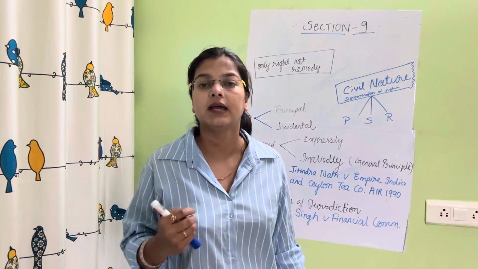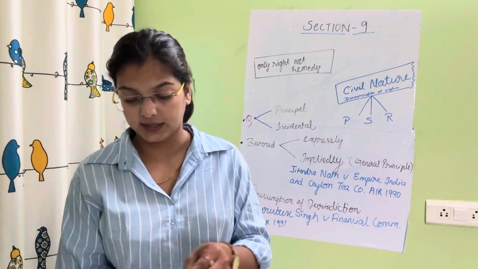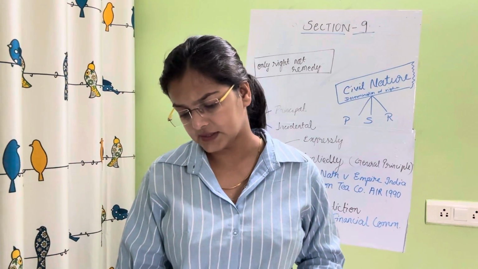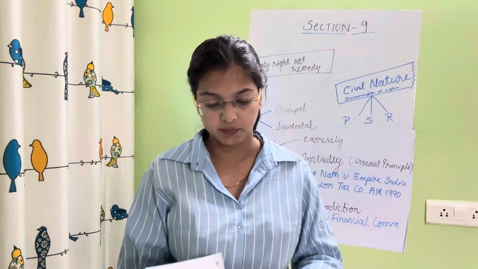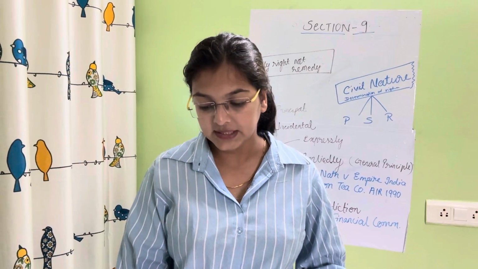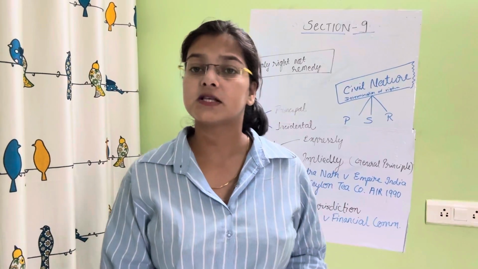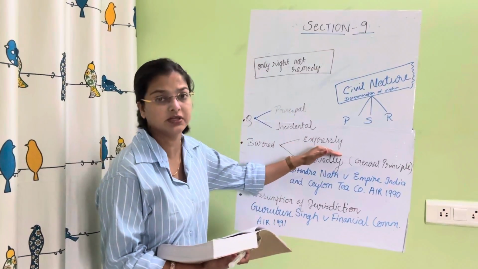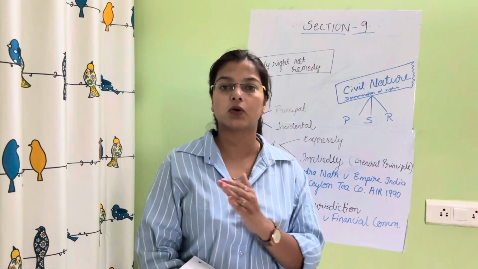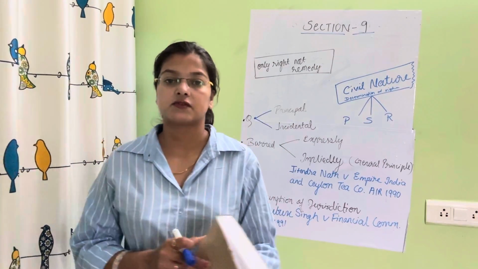Like in India, we have industrial tribunals, election tribunals, labor tribunals, and we have revenue courts, right? These cases will not go to a regular court, because for these we have express provisions in special acts that their cognizance in the regular civil court is expressly barred. Understood? This is the first one, expressly.